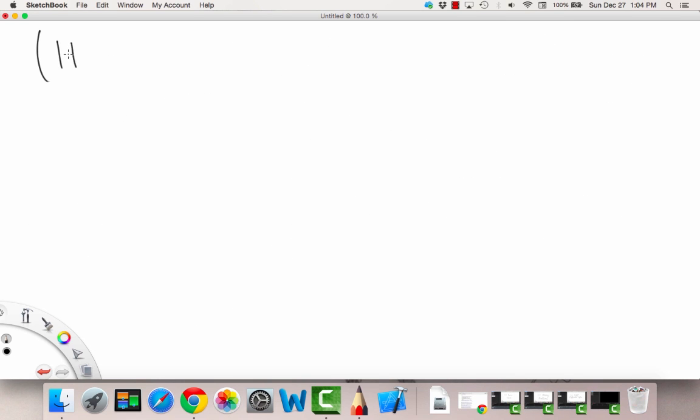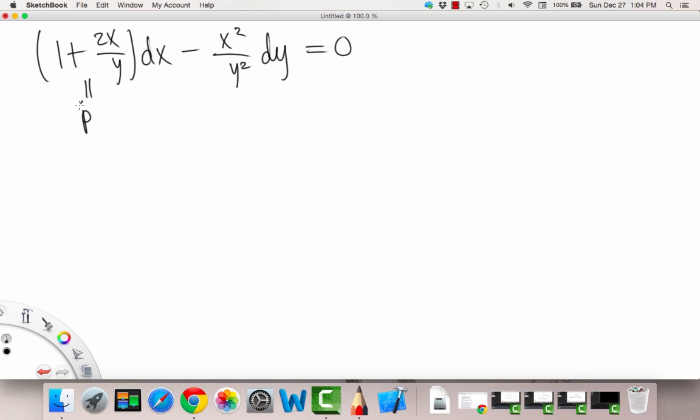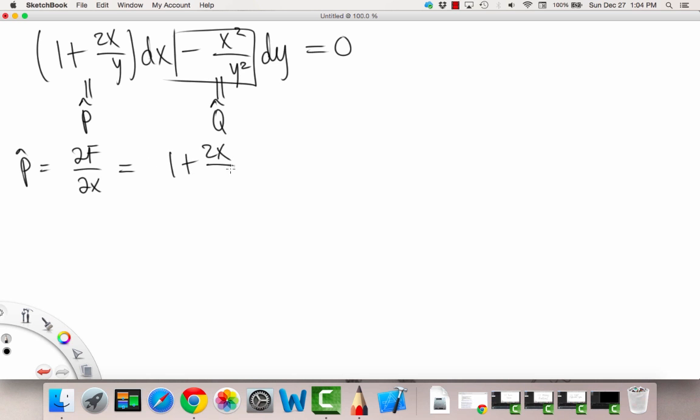So now we're at 1 plus 2x over y times dx minus x squared over y squared dy is equal to 0. Our potential functions can be obtained as follows. This is our new p hat, and this is our new q hat. Don't forget the minus sign that goes with it. So p hat is equal to del f del x, which is 1 plus 2x over y.